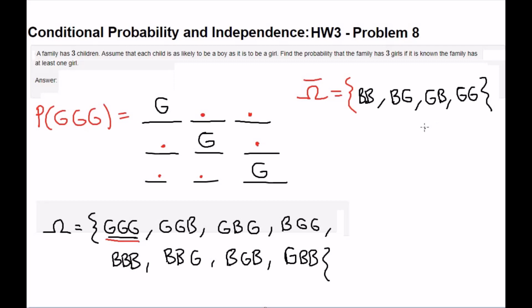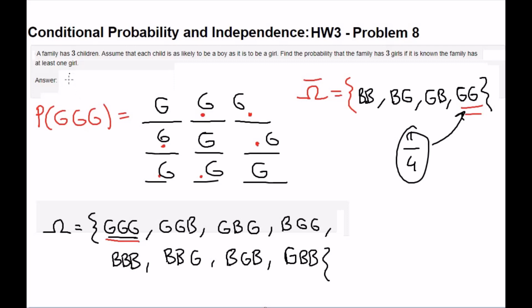And the only condition that gives us 3 girls is picking the girl-girl option. In the new sample space, the girl-girl option is only 1/4. So the answer here is 1/4.